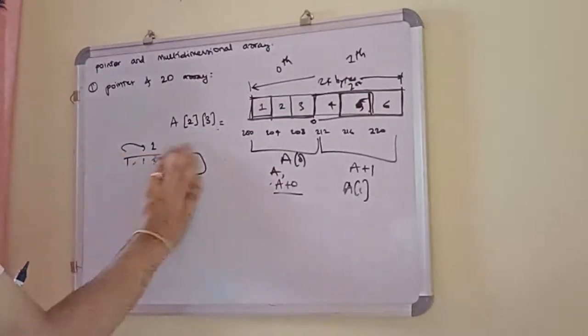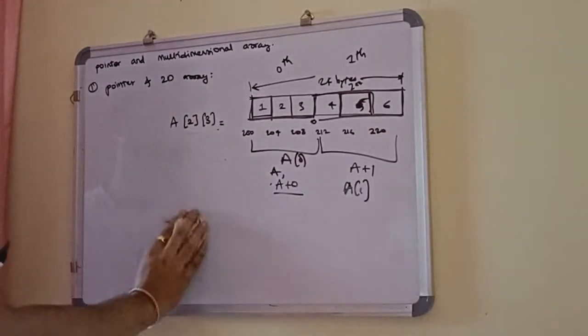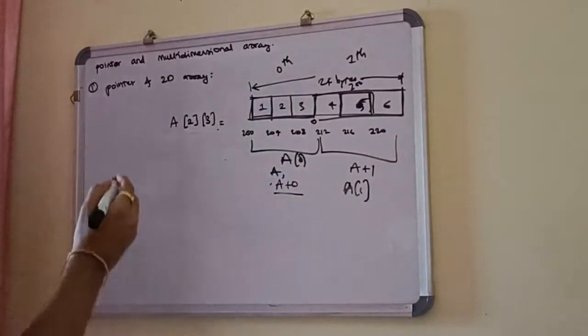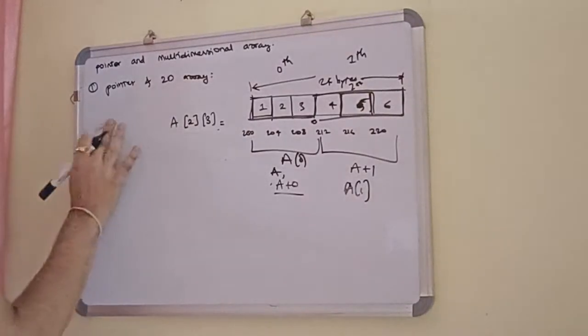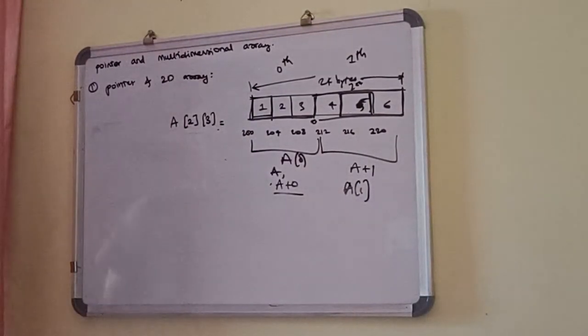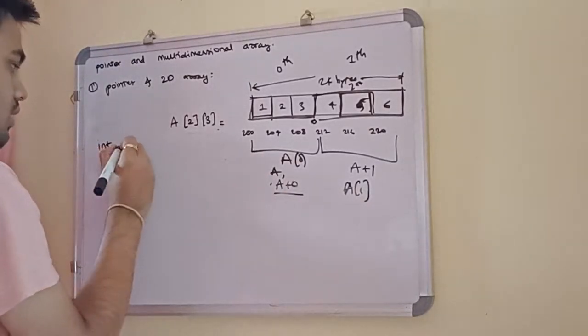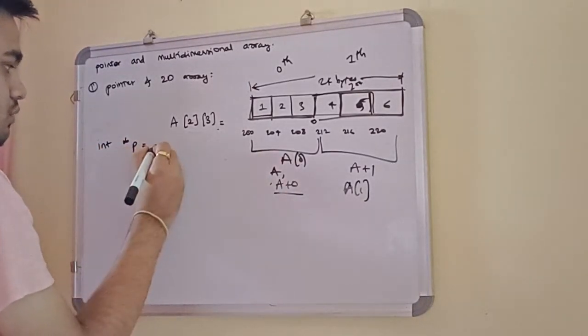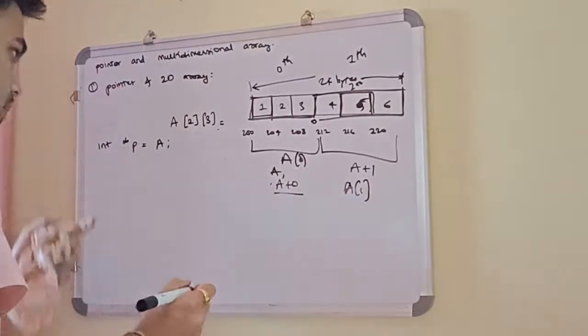Now there is another way to represent this using a pointer. This was without using a pointer. Now we can use a pointer here, like let's say int star p is equal to a.